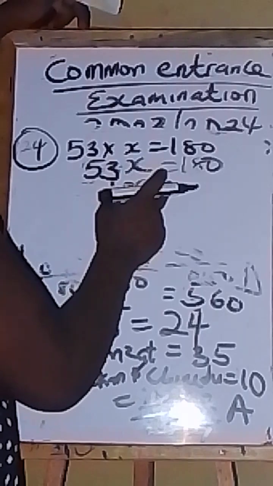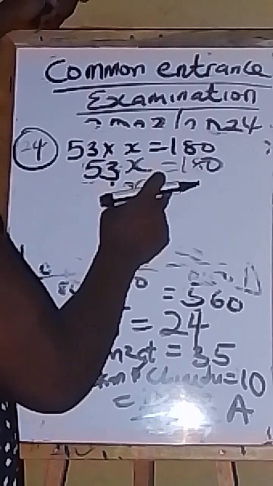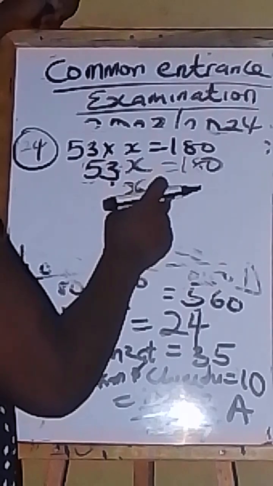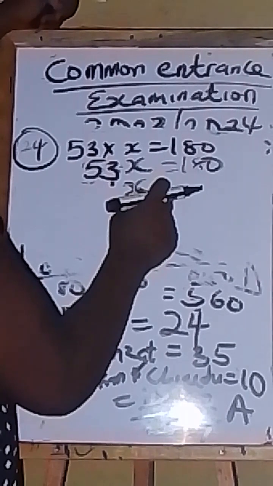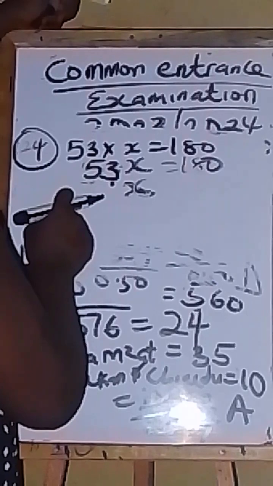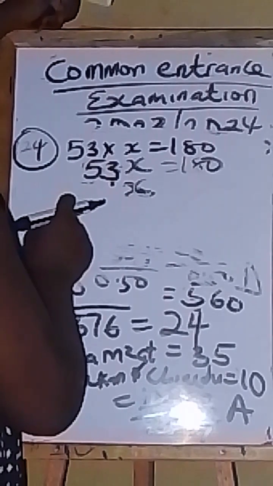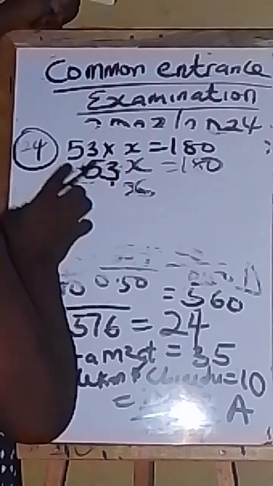So what is that number? That's what we're looking for, the total number of pupils in that school. If 53 of the number of pupils in the school is 180.